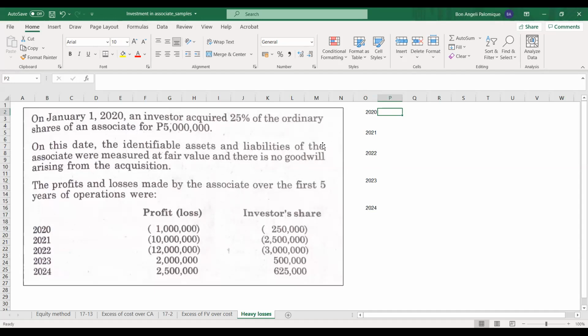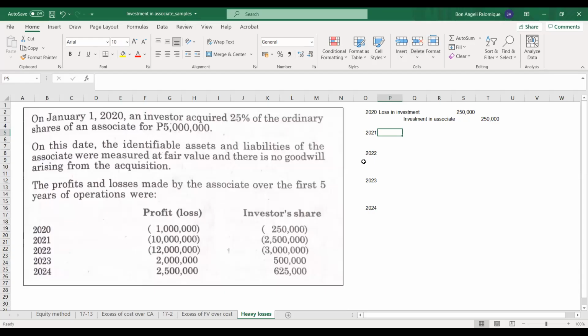So, our recording is debit loss on investment and credit investment in associate, 250,000. So, next is 2021.